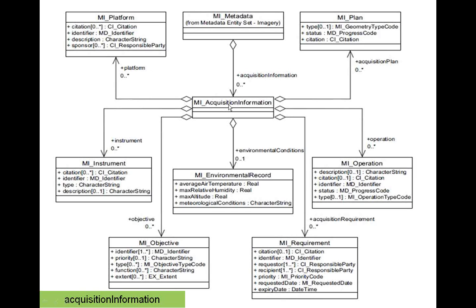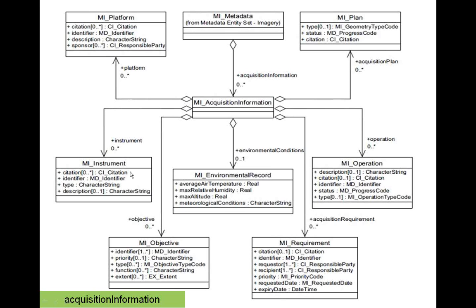So inside of acquisition information, I can say I have, maybe the ship, and I have all the citation information about that ship, who owns that ship, launch dates, who to contact, and then I also have instruments. Okay, and these are the instruments that I collect data with. You may even have instruments on a ship. Or I just may have an instrument that I go out in the field with and collect information with.